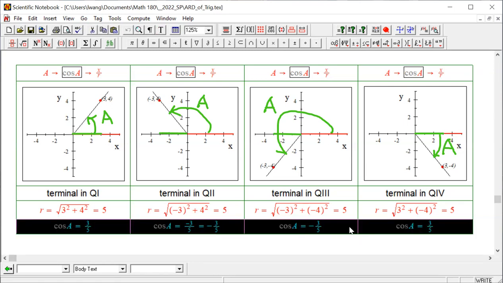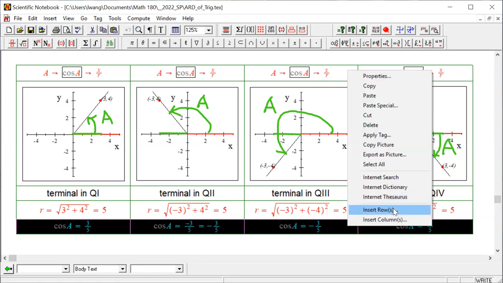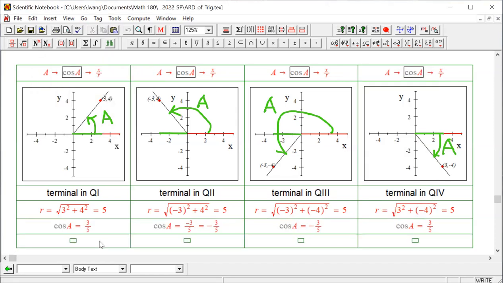Now, look at this. The terminal terminates in different quadrants. For angles that terminate in the first quadrant, cosine of that angle is positive. In the second quadrant, cosine A is going to be negative. In the third quadrant, cosine A is going to be negative.